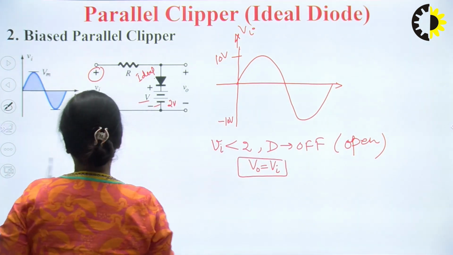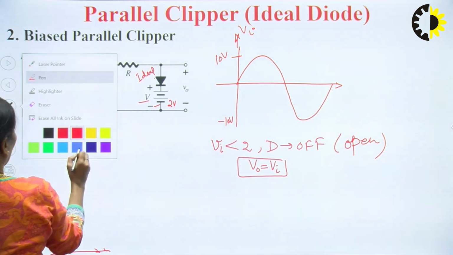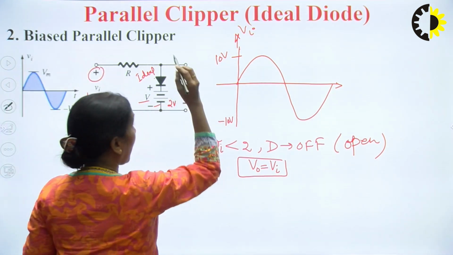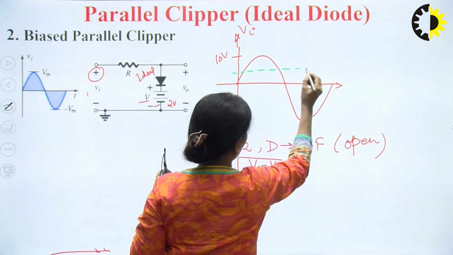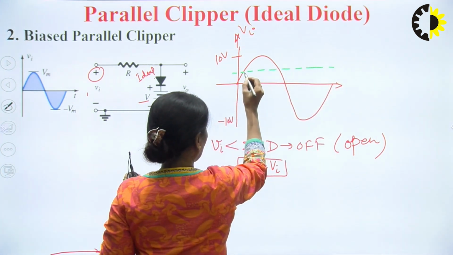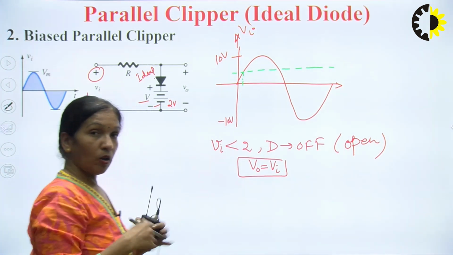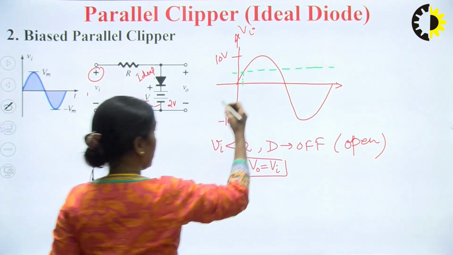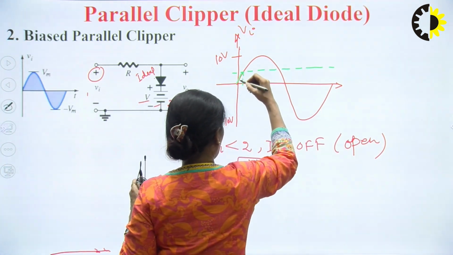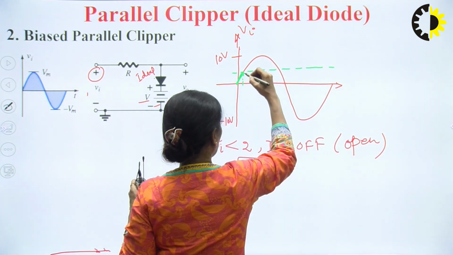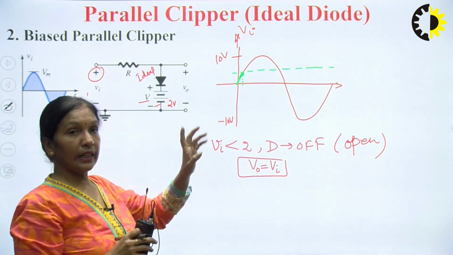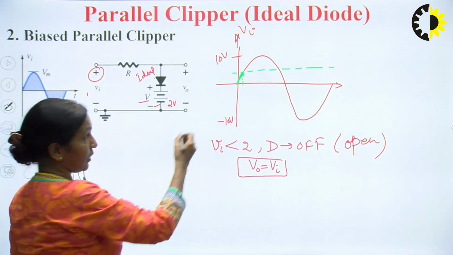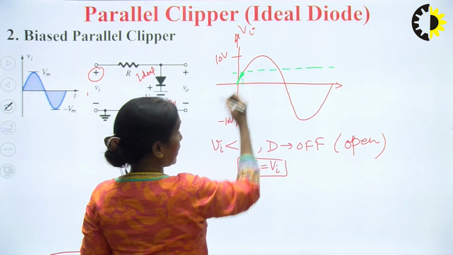So up to 2 volts my output will be equal to input. I am drawing the output waveform on the input signal only, with the green band. So I'll get this output.